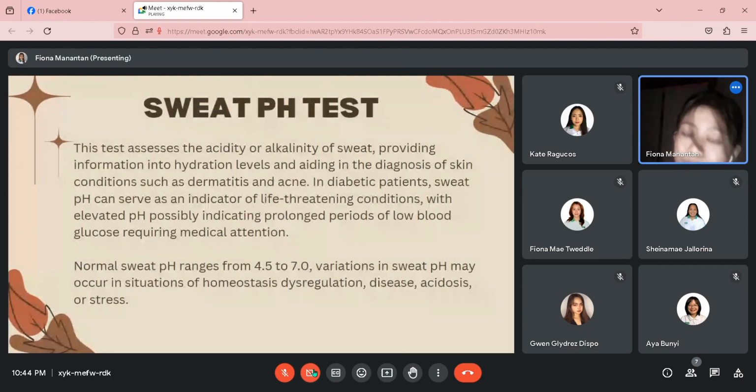However, variations in sweat pH may occur in situations of homeostasis dysregulation, disease, acidosis, or stress. For example, individuals with cystic fibrosis may exhibit higher sweat pH up to pH 9, making sweat pH a potential indicator of metabolic alkalosis.